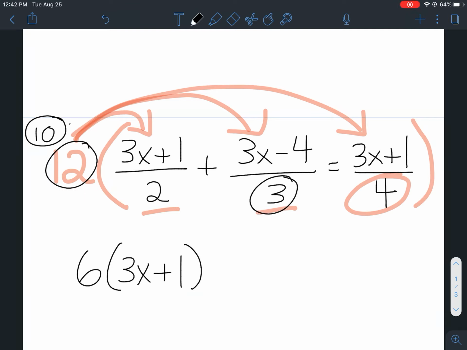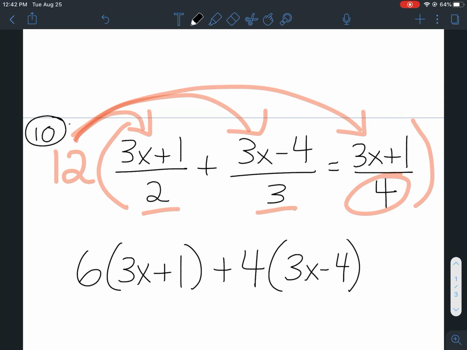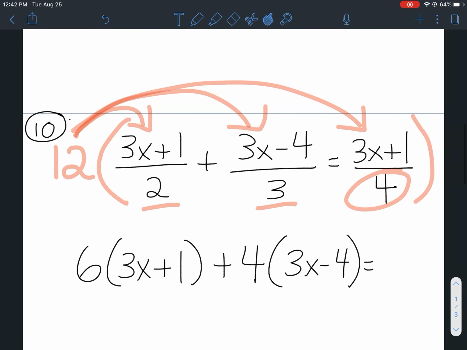Then I take 12 and I divide it by 3, which is 4. And I keep that outside the parentheses. And I'm adding those always unless the number is 1 when I divide them. And then 12 divided by 4, which would be 3, and put it outside the parentheses of 3x plus 1.